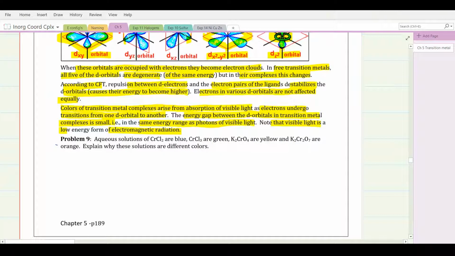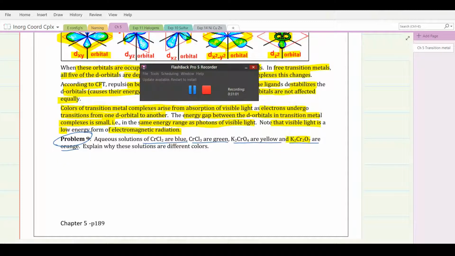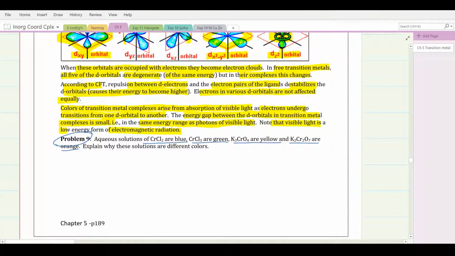Take a look at problem 9. Aqueous solutions of chromium 2 chloride are blue, chromium 3 chloride are green, potassium chromate are yellow, and potassium dichromate are orange. Explain why these solutions have different colors. You can appreciate that these different compounds of chromium have a different number of atoms bonded to chromium through its d orbitals.